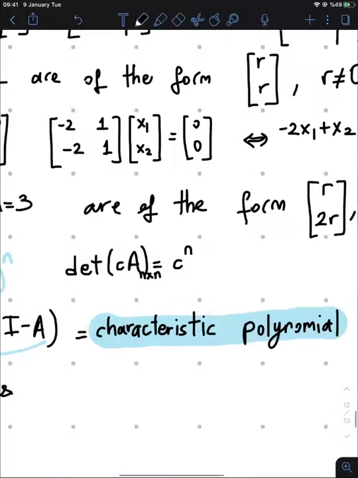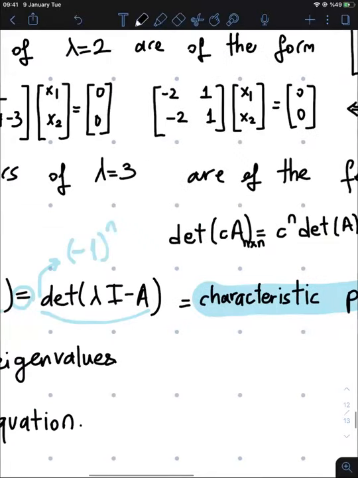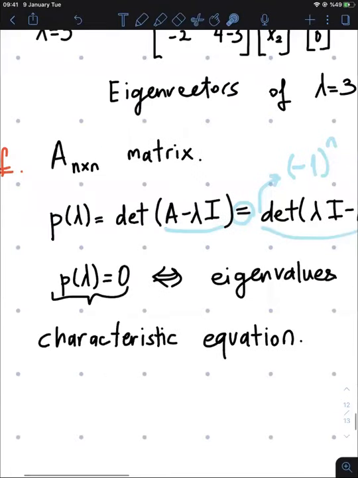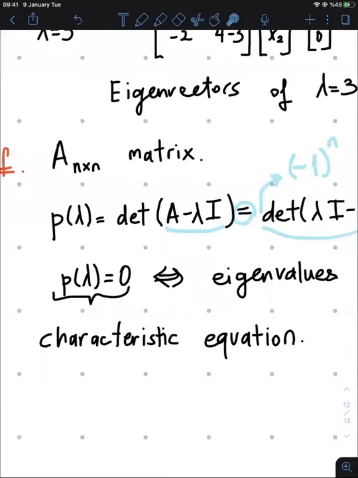Do you remember something like this? So this is just a negative of this one, so there should be a minus 1 to the power n. But at the end, it won't change the characteristic equation. The characteristic equation will still be the same.